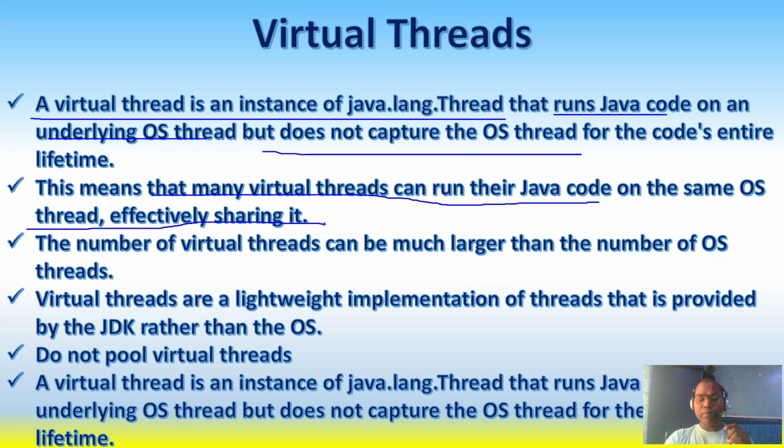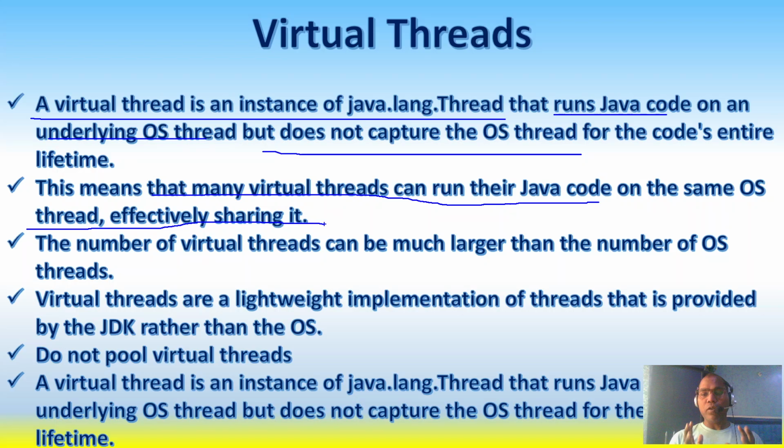During that time our operating system threads are just waiting, and we are not effectively utilizing our hardware. But now, due to the virtual thread concept, we are not wasting CPU thread time or OS thread time. Now our OS thread is ready to run any number of virtual threads.